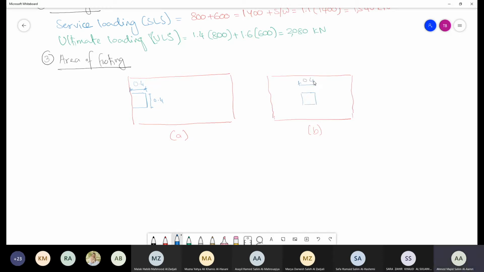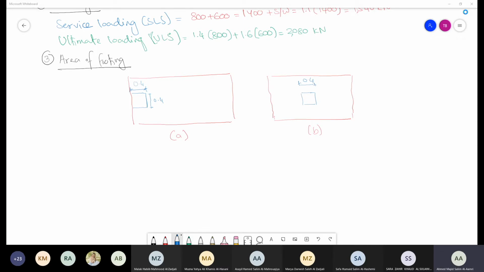Case A is an isolated rectangular foundation with an external or exterior column. The column is acting on one side or one edge. Case B, the column is inside the foundation, not on an edge, so we call it an internal or interior column. Are we clear about A and B?